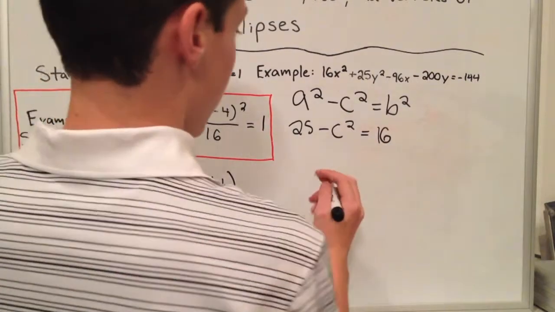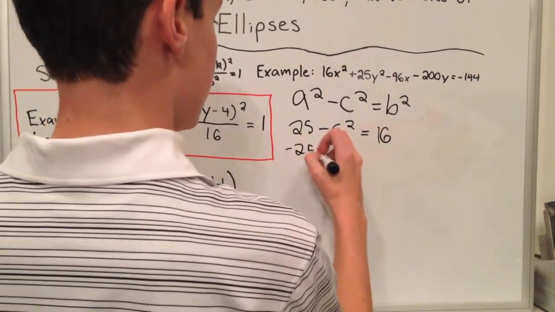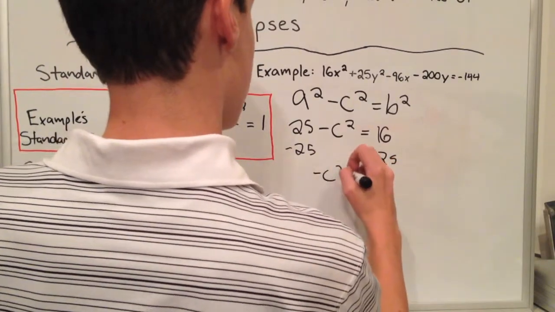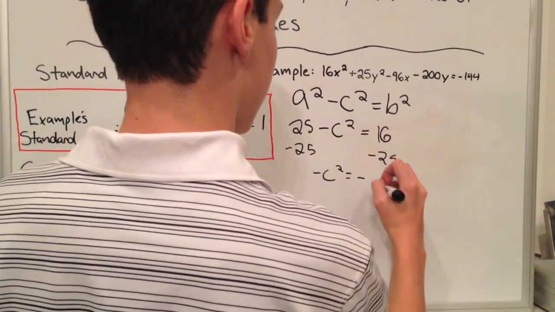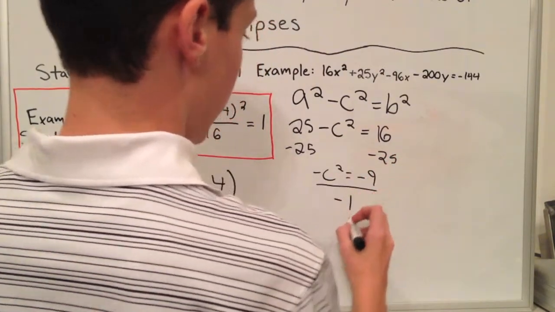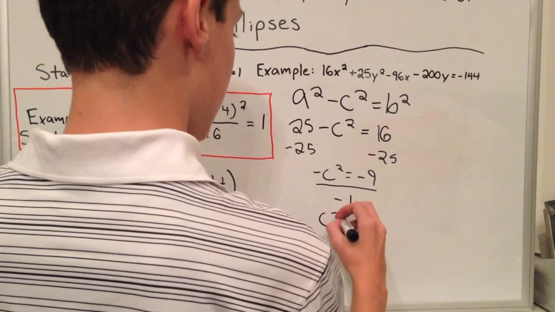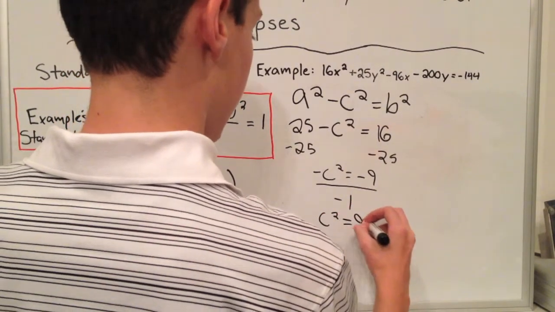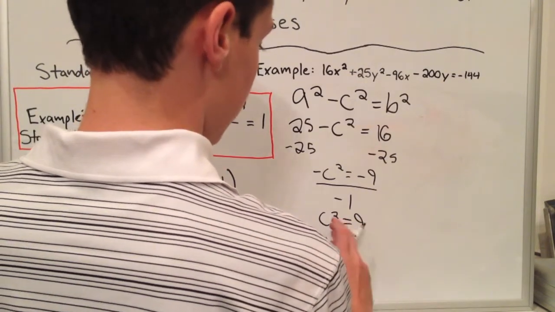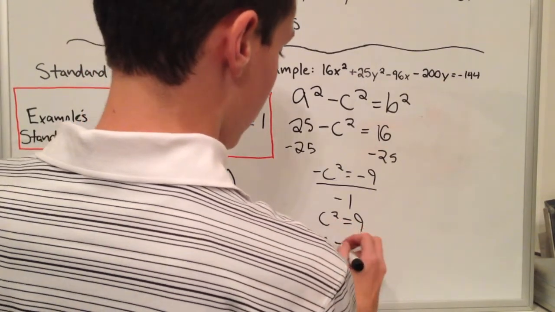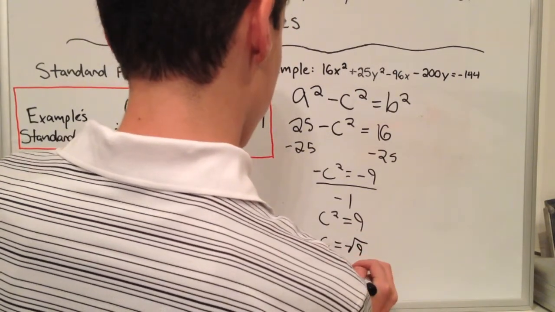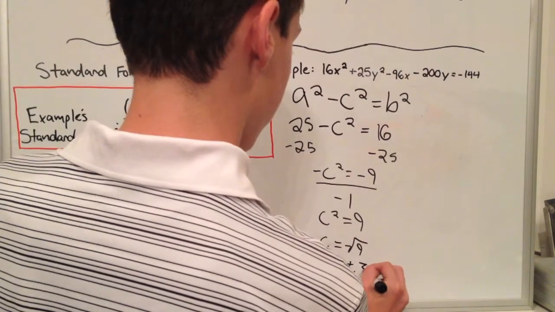And so we subtract 25 from both sides, leaving us with negative c squared equals negative 9. And then we divide both sides by negative 1. And we get c squared equals 9. And so c equals the square root of 9, or plus or minus 3.